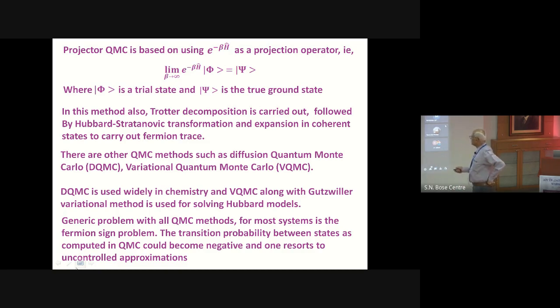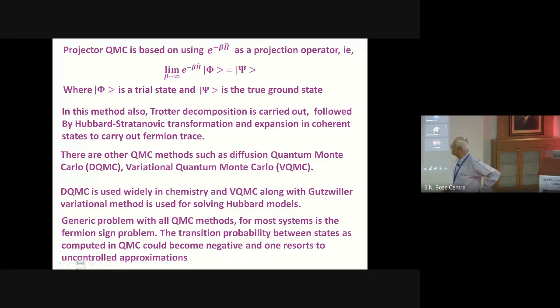But there is one generic problem with quantum Monte Carlo, which is called the fermion sign problem. That means the way you define your probability, it is not guaranteed that the probability is going to be positive always. For example, in the determinantal Monte Carlo, the determinant may actually go to some negative value, in which case your probability becomes negative. Then how do you deal with it? So then you have to resort to approximations which are completely uncontrolled, like either throwing out those configurations or by taking the modulus of the probability and so on and so forth.